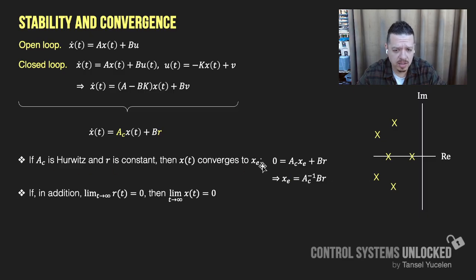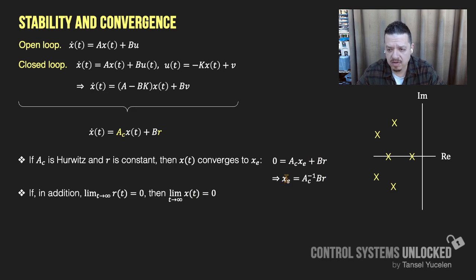This is a cute result. It is useful. Even something cuter than that is that if, in addition, A_c is still Hurwitz, but right now I am letting r be time varying, but it is converging to zero. It can be time varying, but if A_c is Hurwitz and r converges to zero, then x converges to zero, which really, informally, follows from here, right?